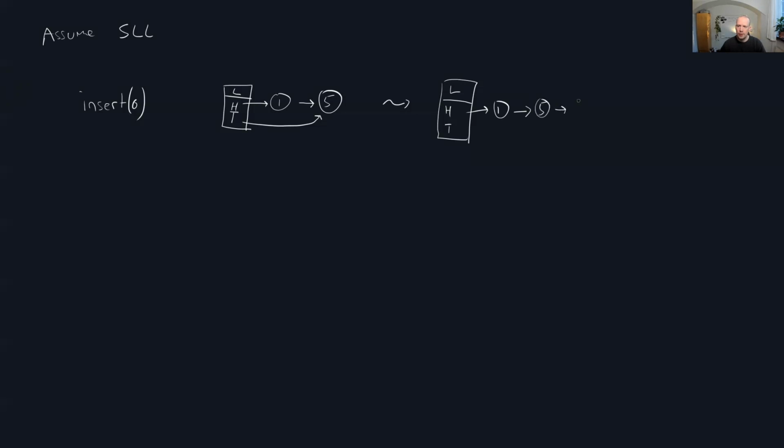Our new element, 6, is going to appear as the next element of the second element in the list, and we need to update the pointer.